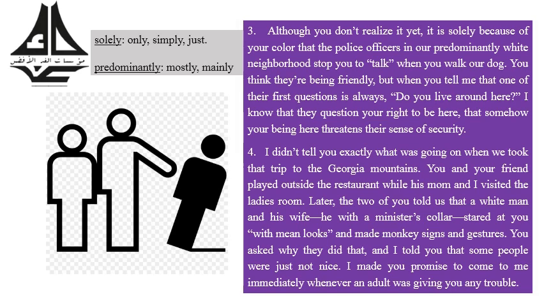Later, the two of you told us that a white man and his wife, he with a minister's collar, stared at you with mean looks and made monkey signs and gestures. You asked why they did that, and I told you that some people were just not nice. I made you promise to come to me immediately whenever an adult was giving you any trouble.